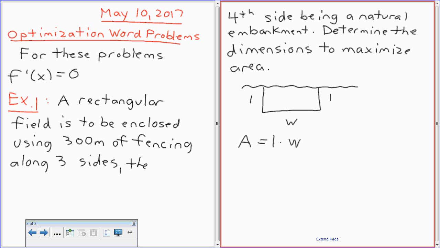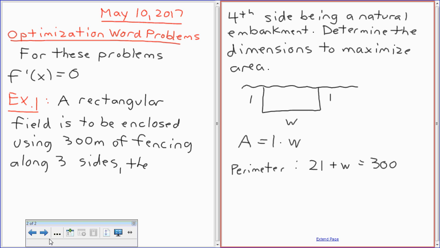So I'm going to use my perimeter to get this to work. What's the equation for perimeter in this case? 2 length plus 2 width? Not in this case, it's length plus width on those sides. Yeah, good. So I'm going to call it 2L plus W. What is my perimeter actually equal to in this case? 300.